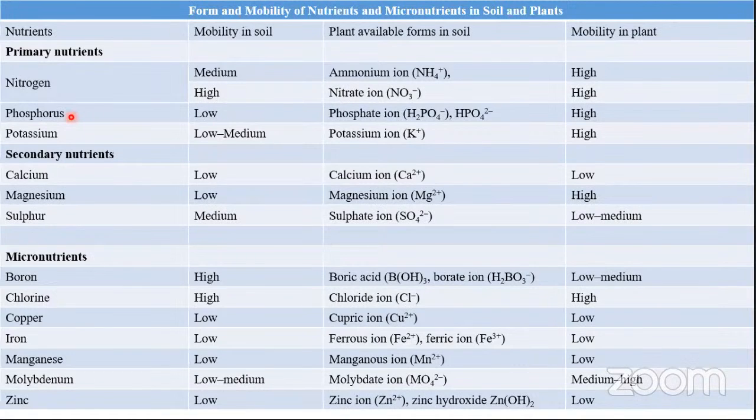These are insoluble in the soil solution. Insolubility means there is no uptake by the crop, so the crop will naturally face phosphorus deficiency. This is in acidic soil conditions.